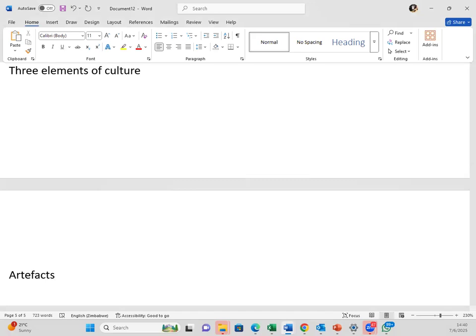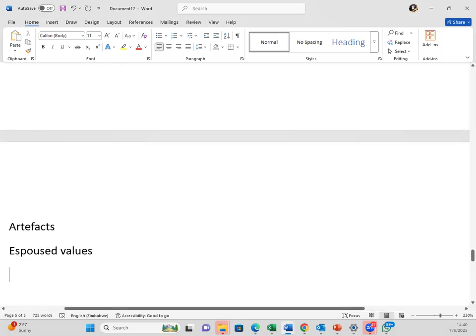We have espoused values. We have assumptions. So in culture, we have artifacts, we have espoused values, and we have assumptions.